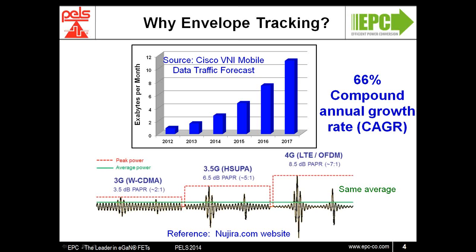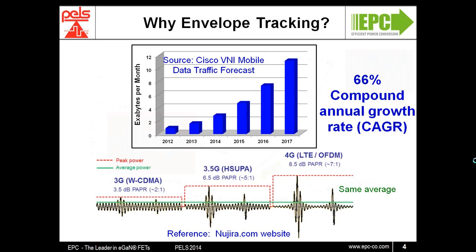However, the result is an increasingly complex waveform with an increasing peak to average power ratio, expressed as PAPR. This increase in PAPR has had a serious impact on the efficiency of these RF amplifiers, which has actually gone down even with improved materials and technology.